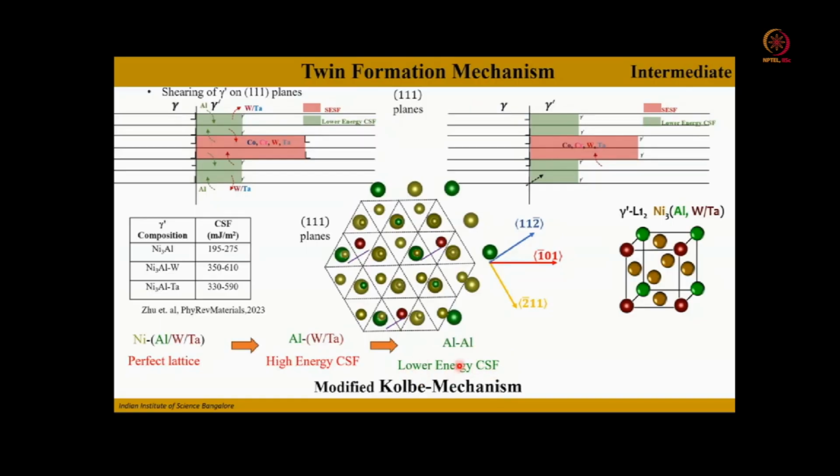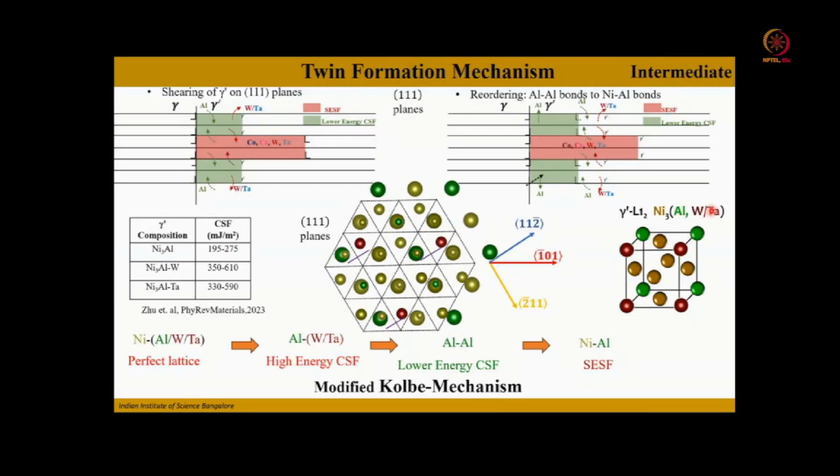After getting the low energy CSF, as these also have wrong nearest neighbors, which have a higher energy, these will convert to an extrinsic stacking fault. As I told you, these extrinsic stacking faults have a local DO24 HCP based structure.